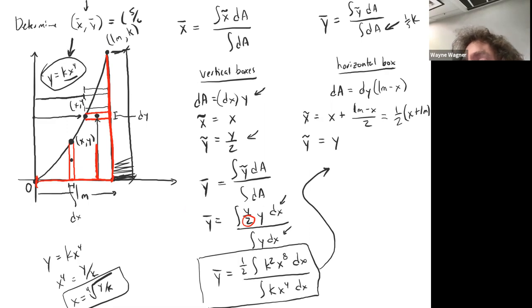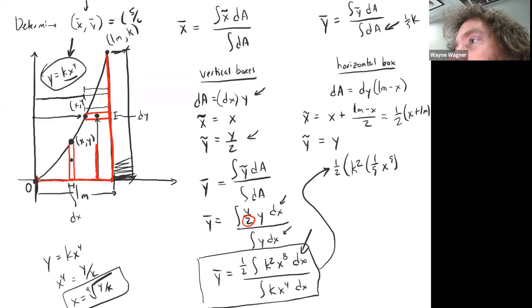Oh, we need limits of integration. This is dx, so it's going to go from 0 to 1. So 1/2 integral from 1 to 0. Actually, we're just going to go ahead and do the integration step. The K squared is a constant, so it gets pulled out, and I'm left with 1/9 x to the 9th, going from 1 meter to 0.